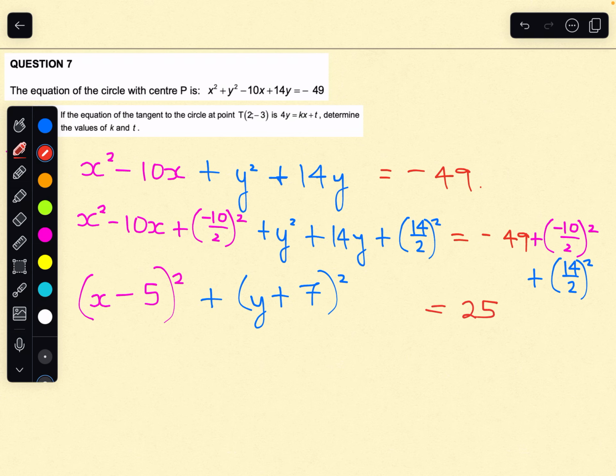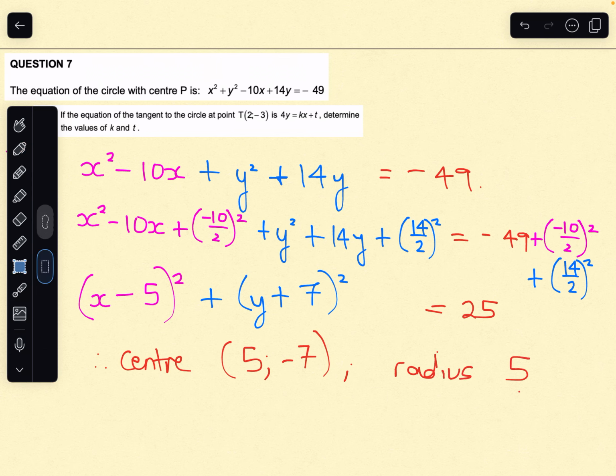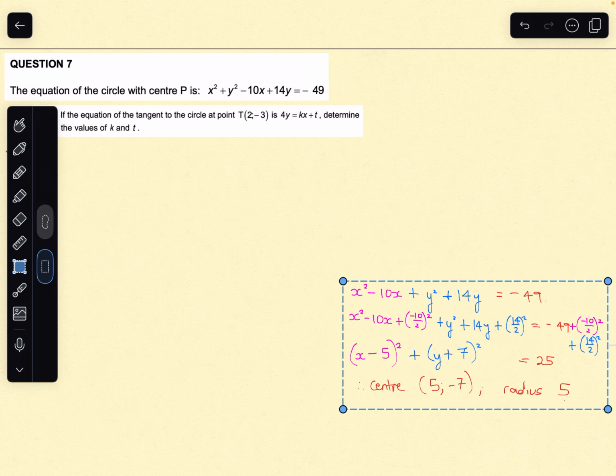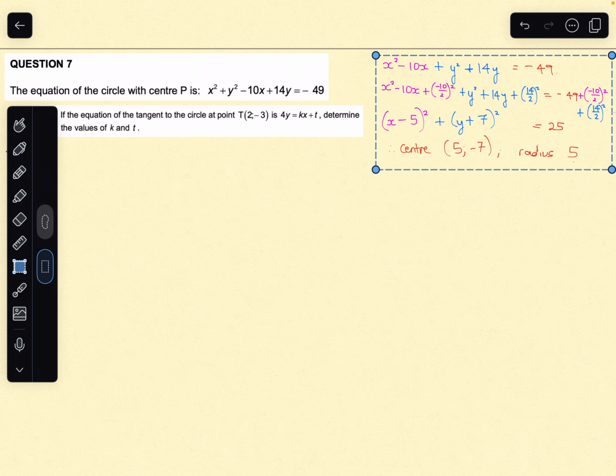So what does this tell us? This tells us that the center of the circle is (5, minus 7), and the radius of the circle is 5. Okay, so now I can try to visualize this problem a bit better.